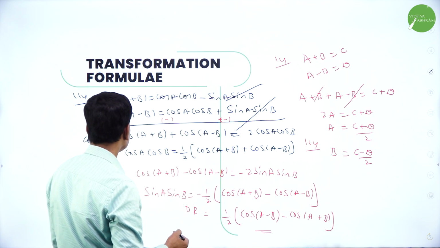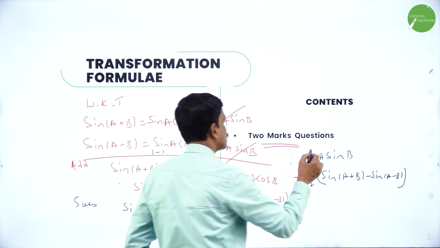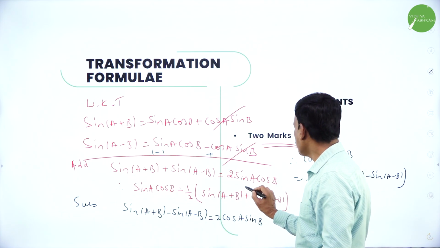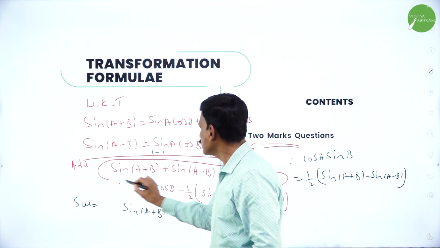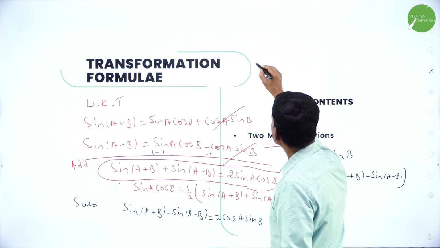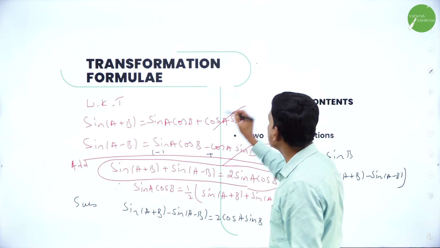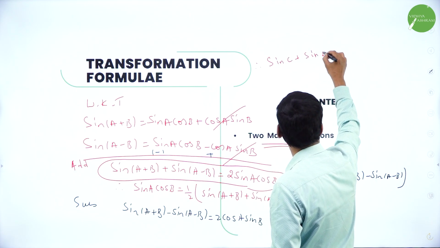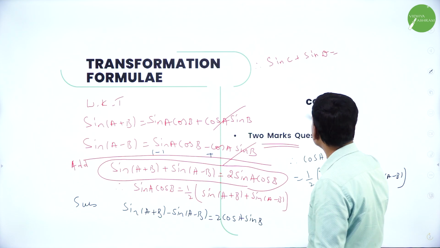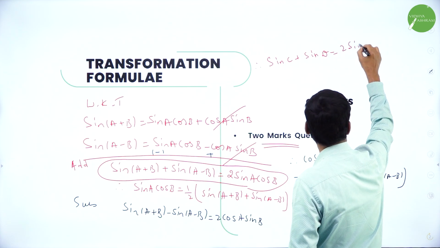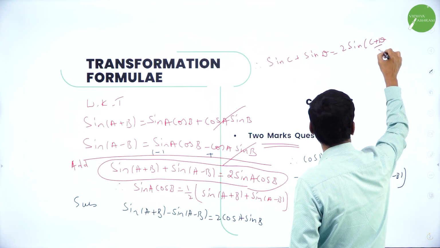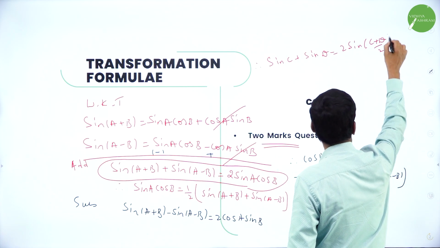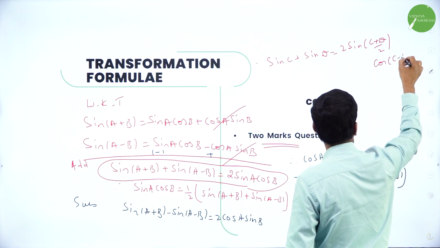Let me take this. So sin C plus sin D is equal to 2 times sin of A, meaning (C+D)/2, into B, which is cos (C−D)/2.